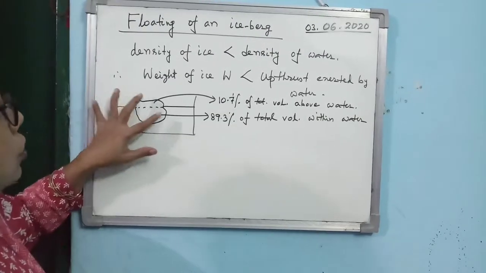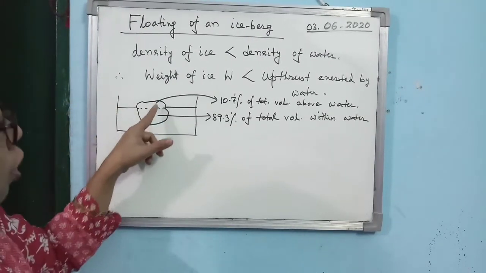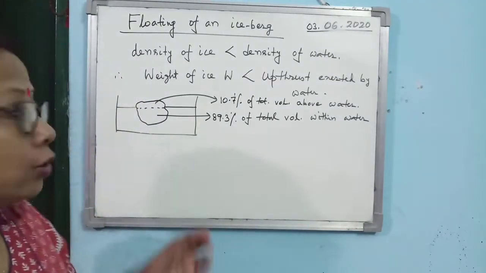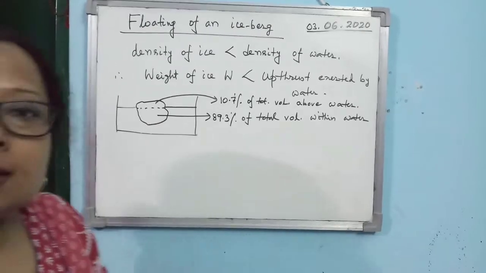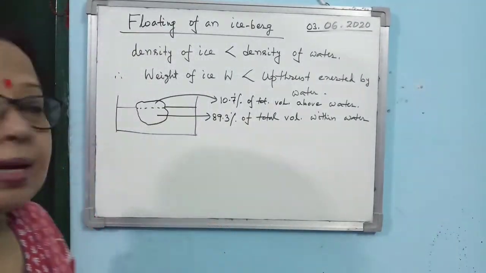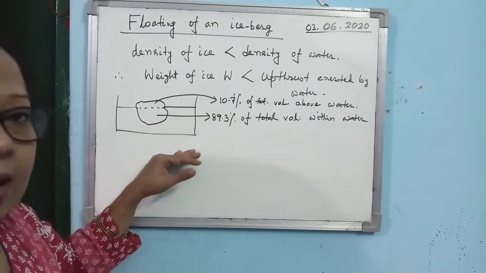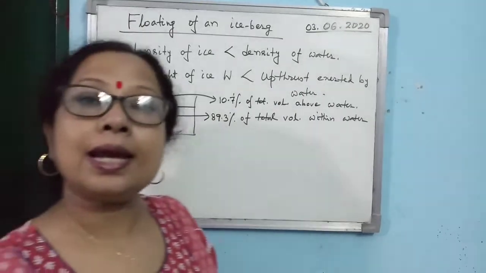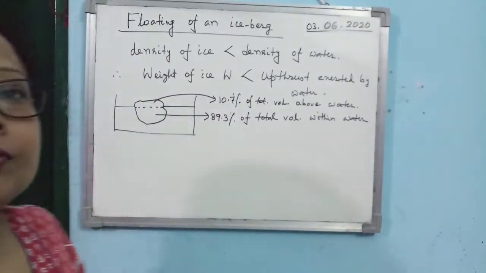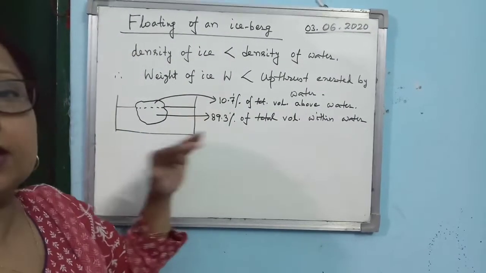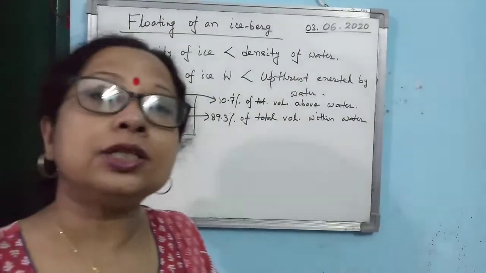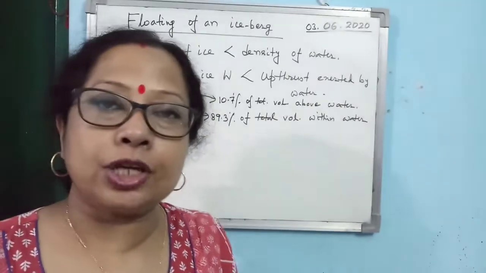Why? Because for an iceberg, only a small portion is visible. If you think that since only a small portion is visible the size of the iceberg is very small, it may not be. It may happen that within water a large portion is there, and the actual size of the iceberg is very large. If the question comes on this topic, generally it comes like this: why are icebergs dangerous for sailing ships in the sea?